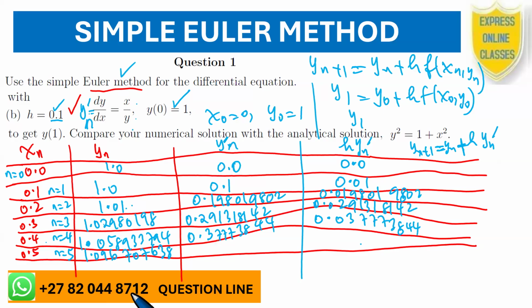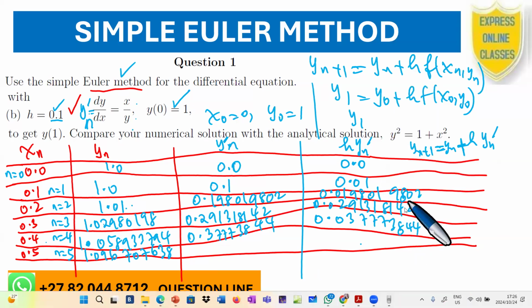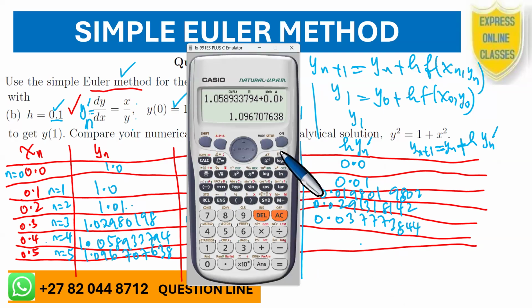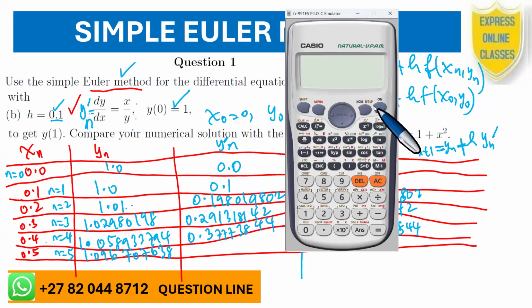Then we have the y prime, which divides x by y, which means 0.5 divided by 1.096707638, which gives 0.45591000189.